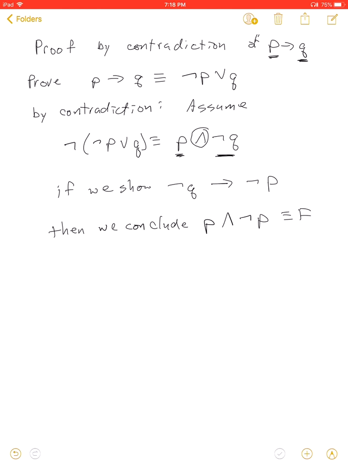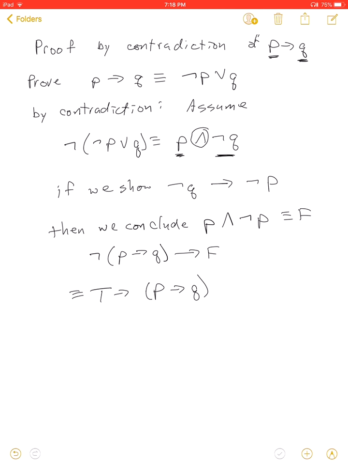So that means the negation of P implies Q led to a falsehood, and by contraposition, truth implies P implies Q, which is what we were trying to prove.